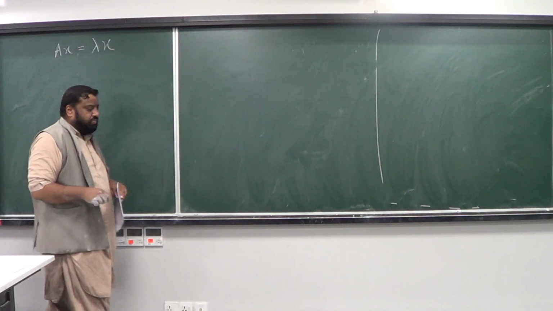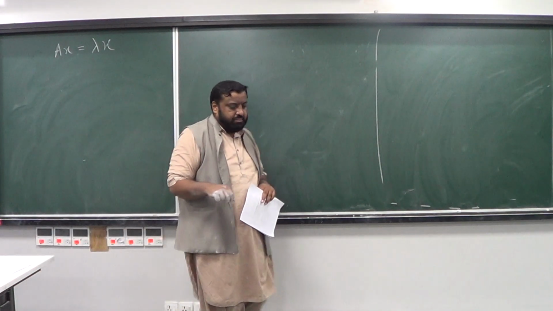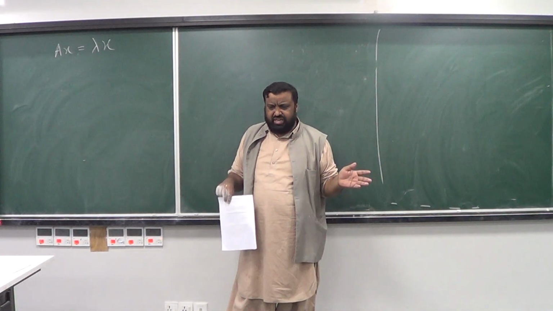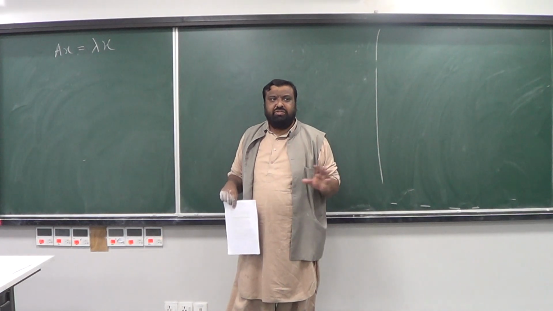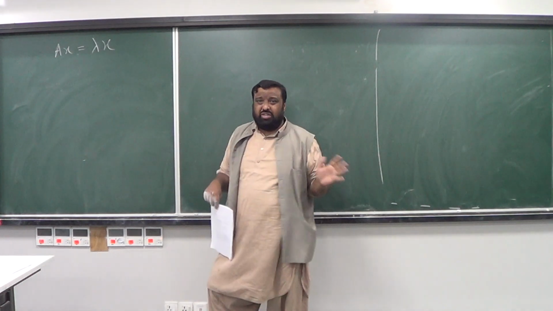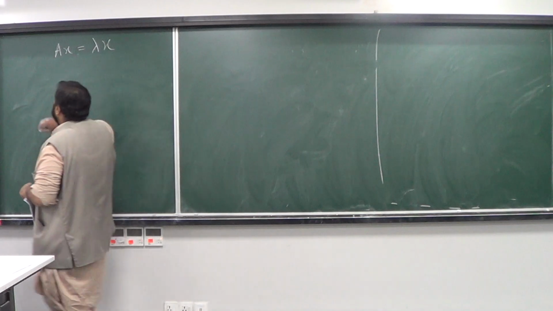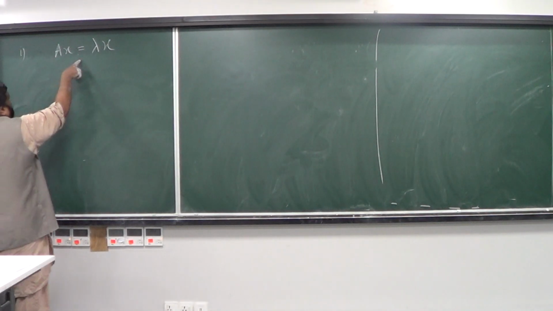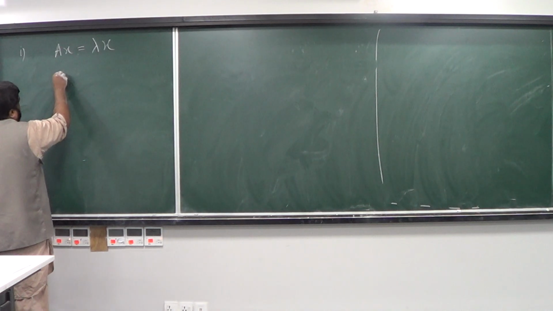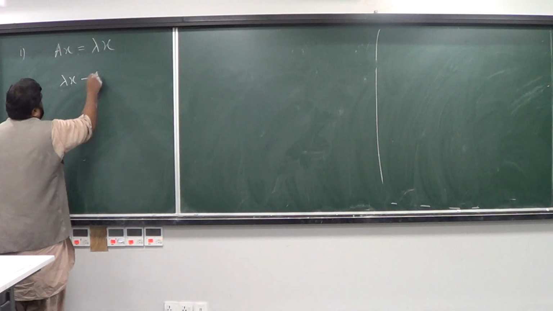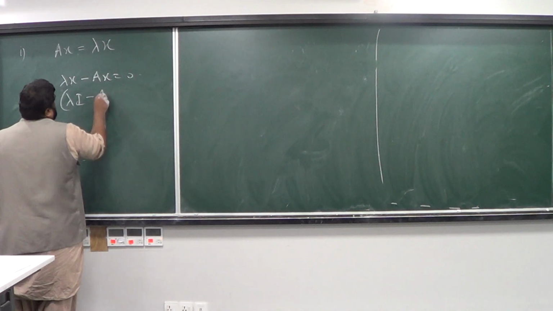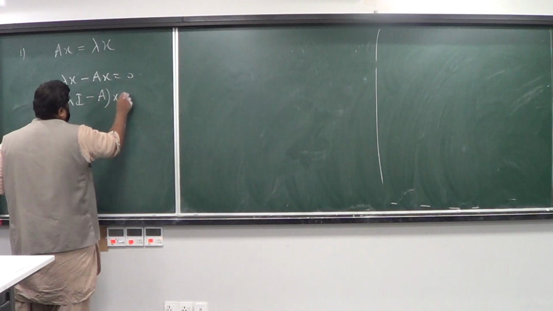And if you go back now to one of the lectures, for example, the second or third part of the last lecture, in which I talked about the different characterizations of the eigenvalues. We know that lambda is going to be an eigenvalue of the matrix A if this is satisfied, and I can also write this as lambda x minus Ax equal to 0, which is lambda I minus A operated onto x equal to 0.